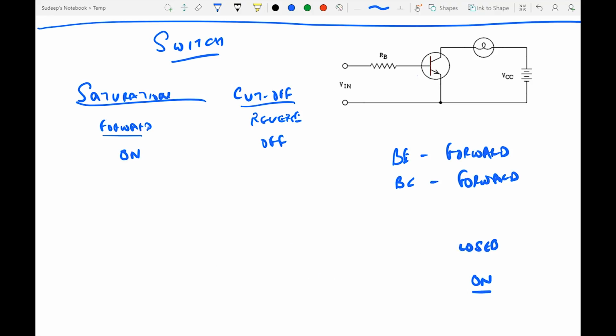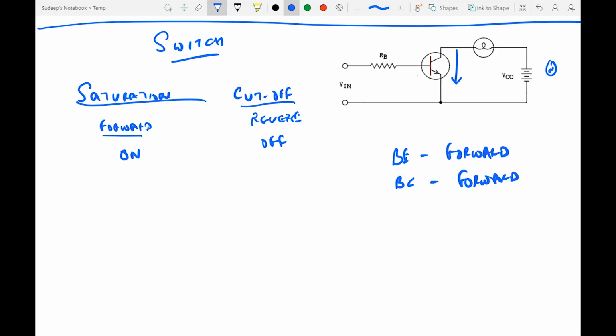Any transistor has a given specification of the current that it can take. This is just a bonus fact: the amount of current that can flow through a transistor is limited. But if you connect, let's say, a motor between the collector and the emitter, or something which draws a lot of current, that current can become more than the specification of the transistor.